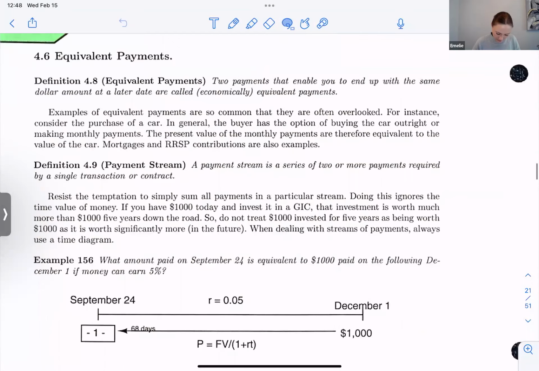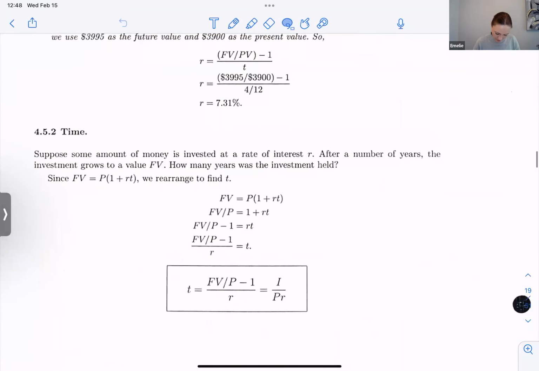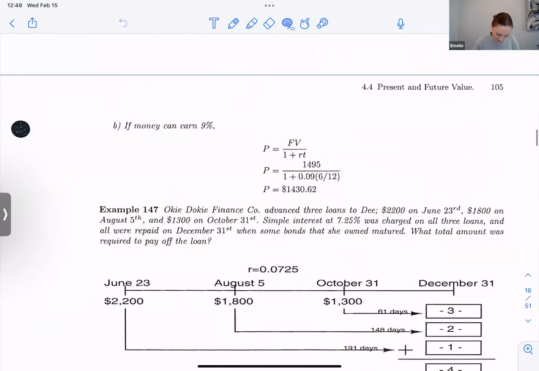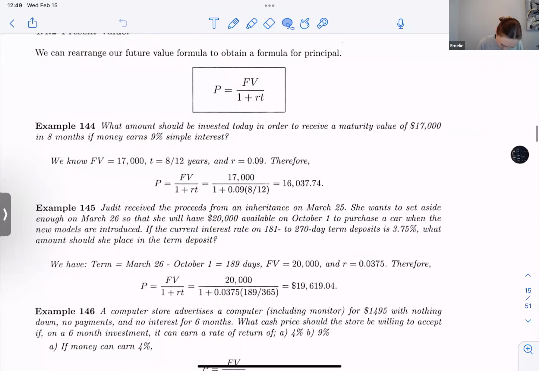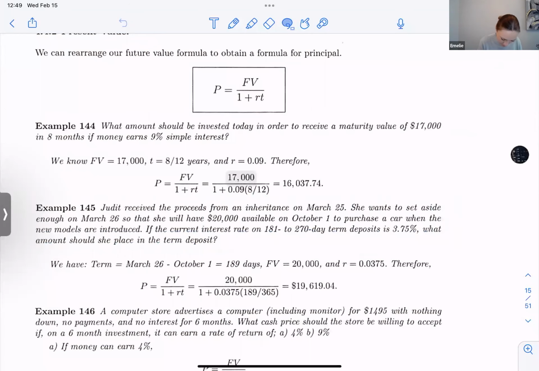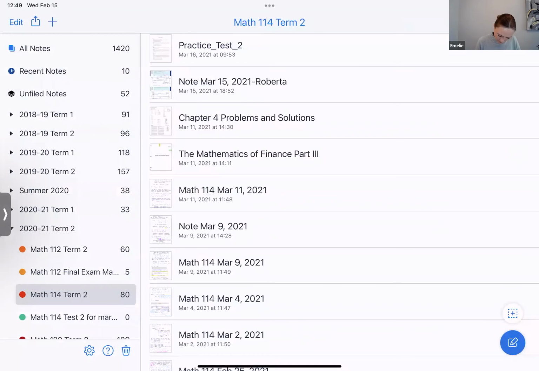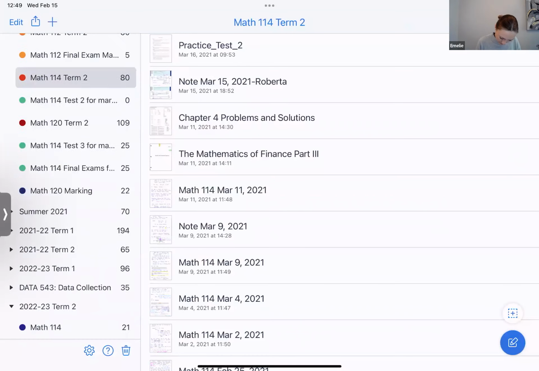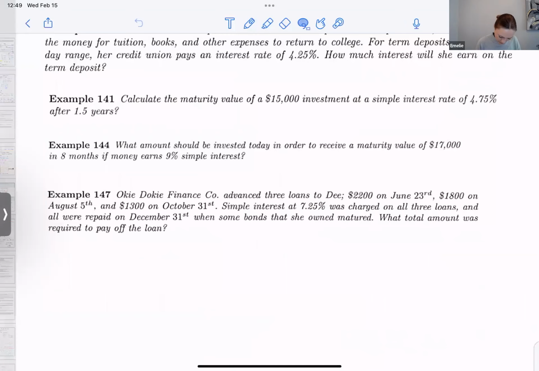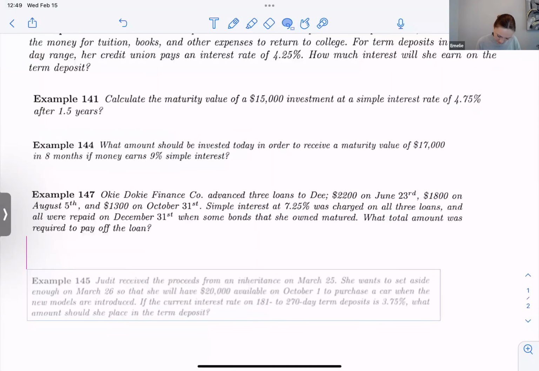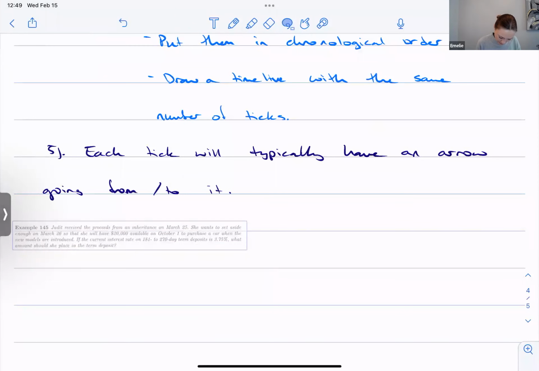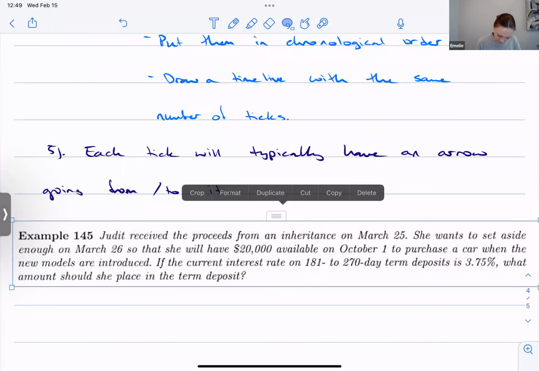I thought it was on one of these lists, but it was not. I want example 145, and it is so close here. I'll put it in there and also into our notes, and I'll repost these.